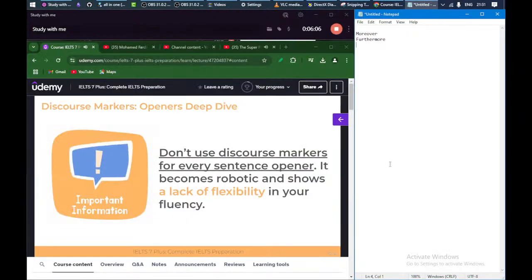What I do see students often do, or sometimes do, is to try and really jam in as many discourse markers and those classic task 2 sentence openers as they can. And really it shows a lack of flexibility in their English fluency.